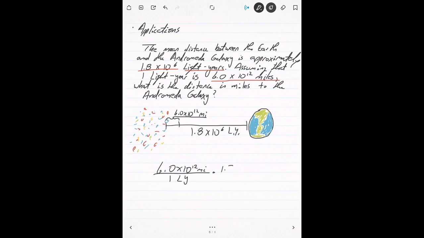Well, you have 1.8 times 10 to the 6 light years. Again, this problem is set up the exact same way as before. You know how many miles there are in 1 light year, and this is how many of them you have, so we're just going to multiply them together. So we'll end up with 6.0 times 10 to the 12 times 1.8 times 10 to the 6.